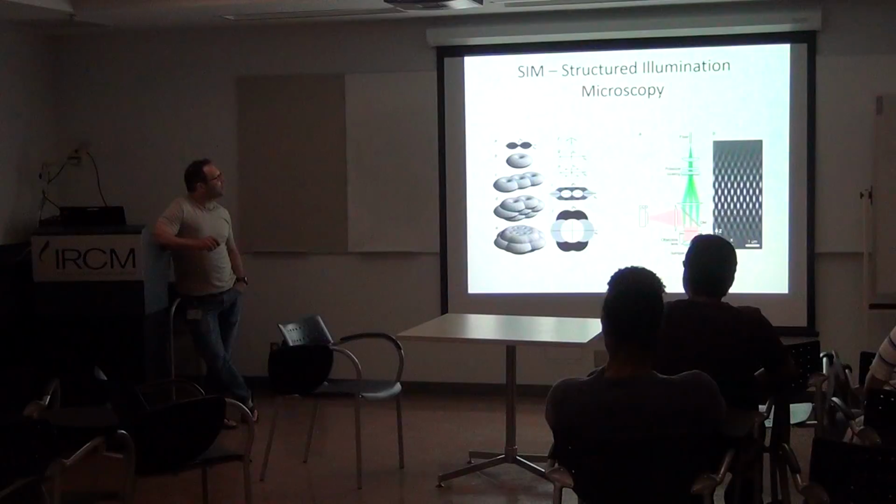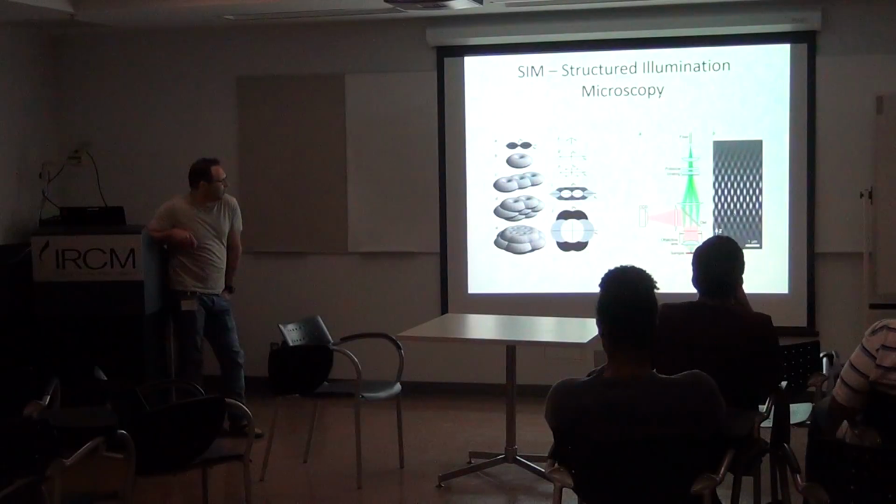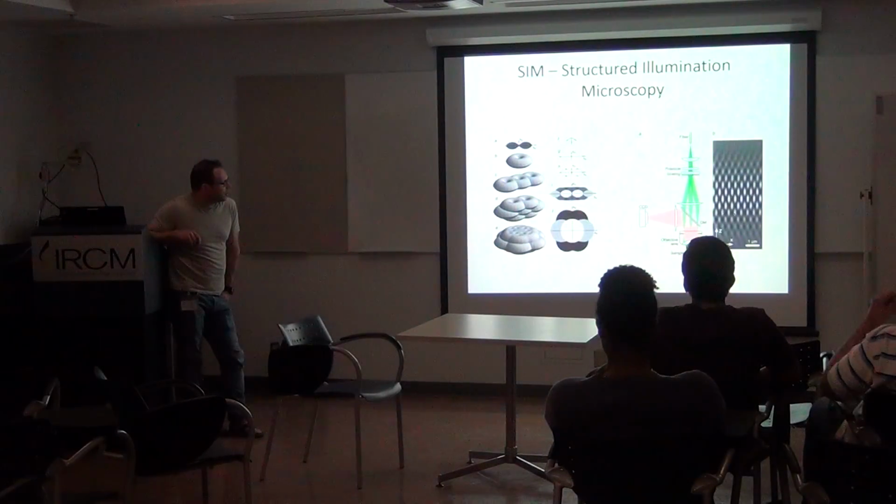So the first technique is called structured illumination microscopy, SIM. This technique uses a different lighting pattern onto your specimen in order to get more information, and it's all a mathematical process of many images that are acquired in order to get better resolution by a factor of 2.